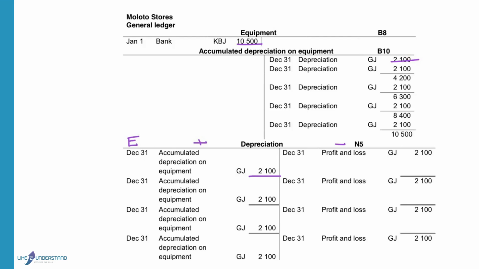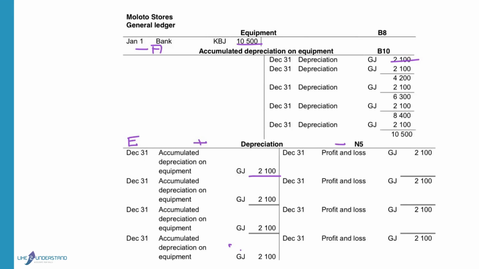Equipment is my positive asset, and accumulated depreciation is my negative asset. So these two accounts, equipment and accumulated depreciation, form a unit. When I record it in the balance sheet, I will take the equipment amount less the accumulated depreciation amount.